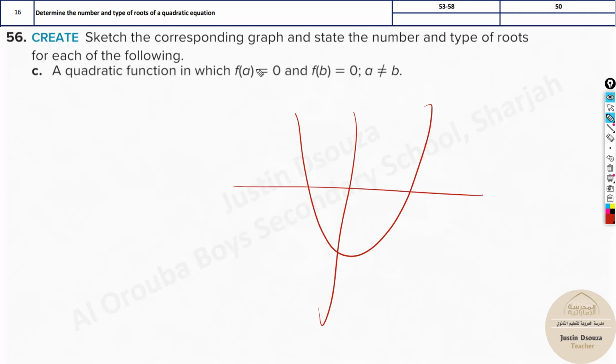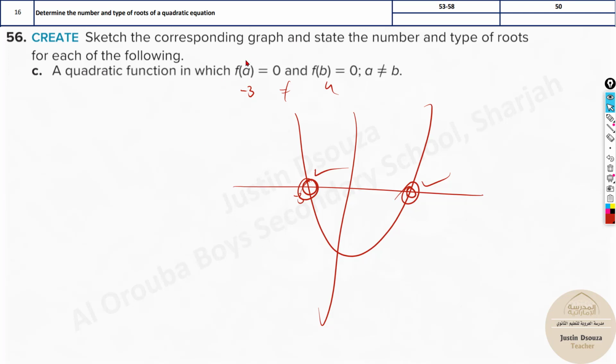Let this be the graph. F of a, like a, I'll take it to be minus 3. At minus 3, you are having the solution. Let me take b as 4. At b, you are having a solution. Are these two equal? No, they are not equal. You're having two separate solutions, isn't it? You're having one solution, two solutions. That means you're having two real solutions.